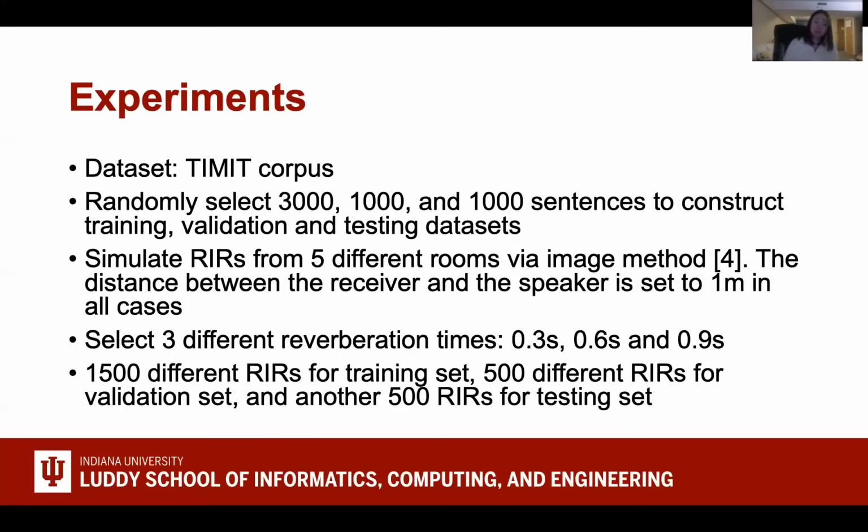And we selected 3 different reverberation times: 0.3 seconds, 0.6 seconds, and 0.9 seconds. We have 1,500 different room impulse responses for the training set, 500 for the validation set, and another 500 room impulse responses for the testing set.